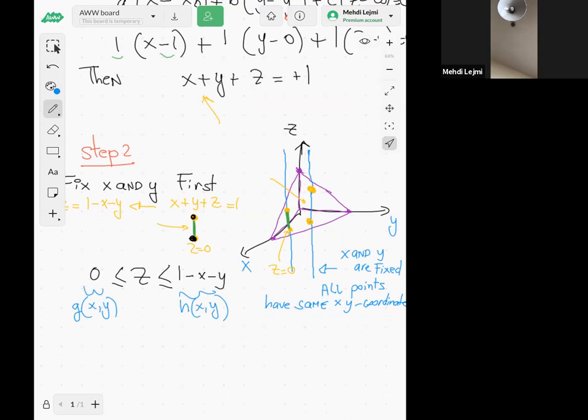Okay, so this is the first thing to do: find the bounds for Z. Now the next thing is to find the bounds for X and Y. How do we find the bounds for X and Y? We have to project our solid into the XY plane.